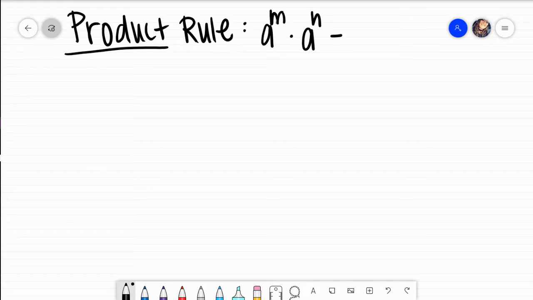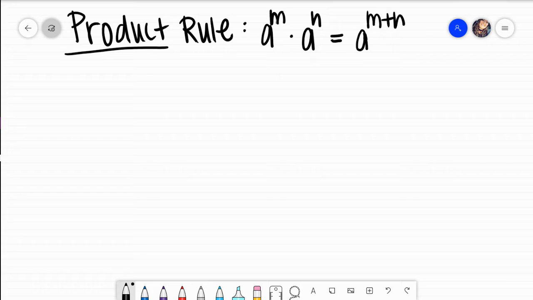Our product rule states that if you have the same base multiplying each other, do you notice that's an a times an a? That's why I can apply this rule. What you do is you keep your base and you add your powers.